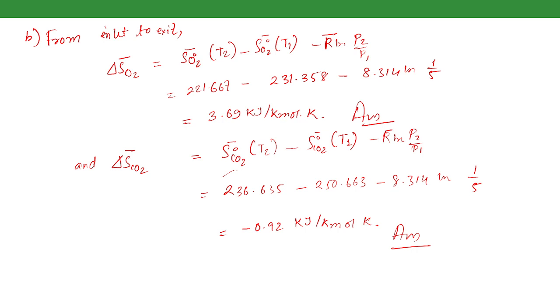Now finally, for the control volume, it was stated that the process is at steady state. So for the control volume at steady state, the change in energy of the control volume will be 0.